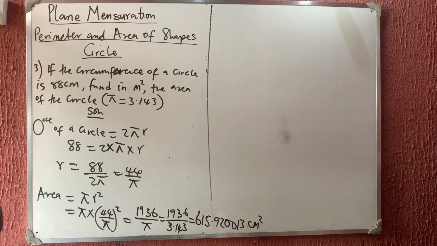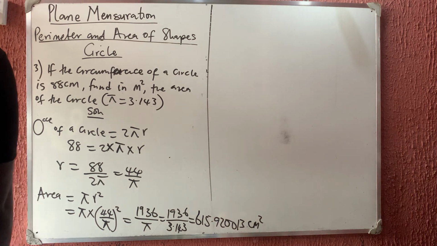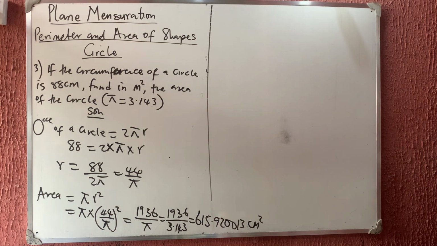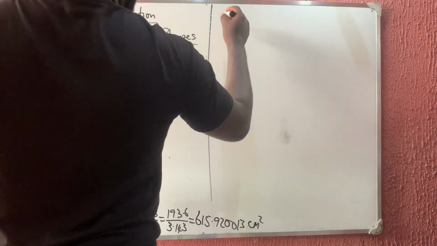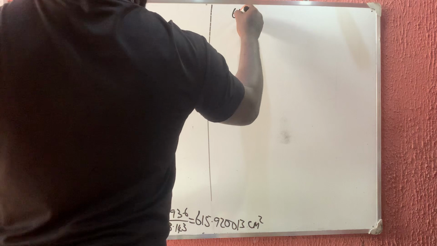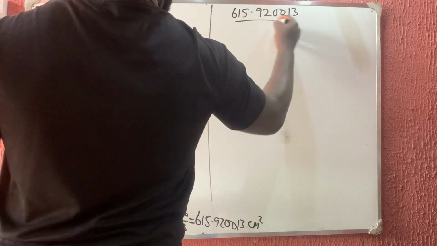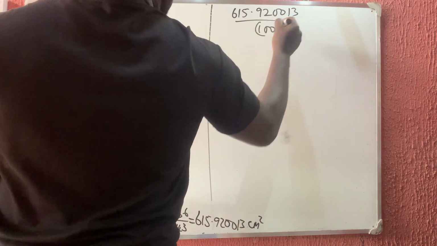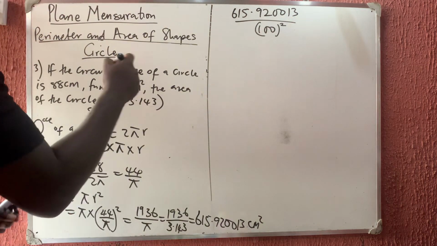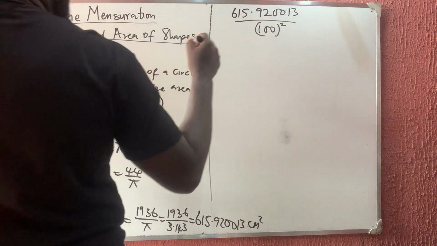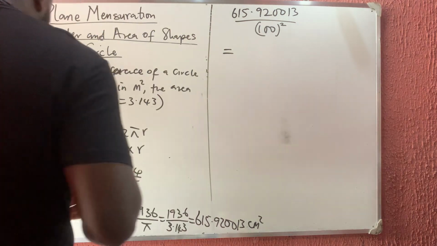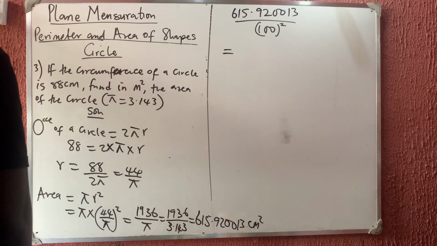But they say we should convert it to meter square. Converting cm to meter is dividing by 100, and because of the square, we divide by 100 squared. So divide by 100, divide by 100 again.